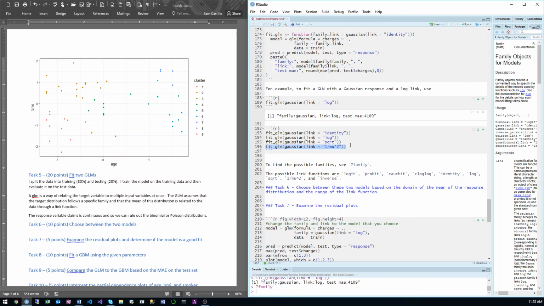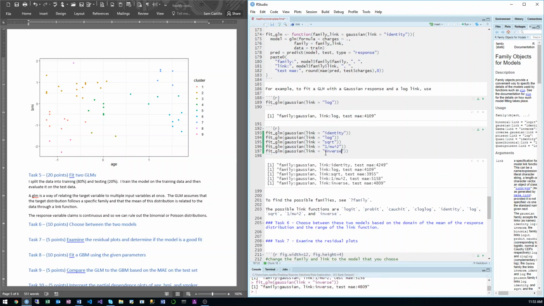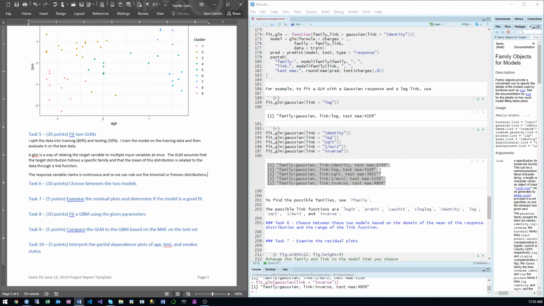And Gaussian with an inverse link. And here you can see all of the error metrics. It looks like Gaussian with a log link has an MAE of 4,109. Gaussian with a square root link has the MAE of 3,955, which is lowest.